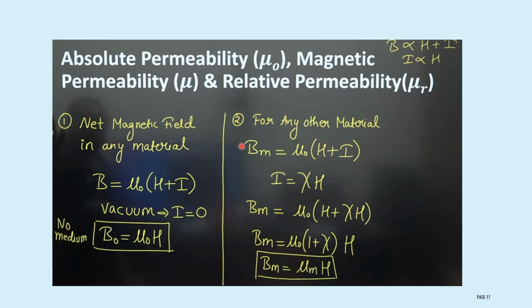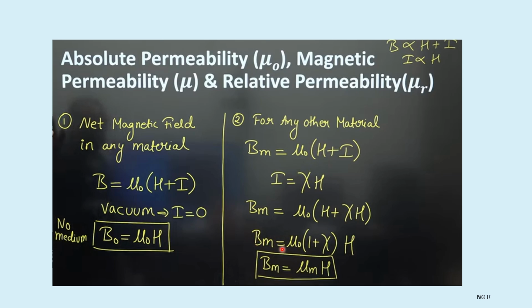Then consider the second case. For any other material, Bm will be equal to mu naught into H plus I. You know the formula, I will be equal to zeta into H. Substitute the value of I in this formula. Bm will be equal to mu naught into H plus, in the place of I, zeta into H. In this formula H is common.